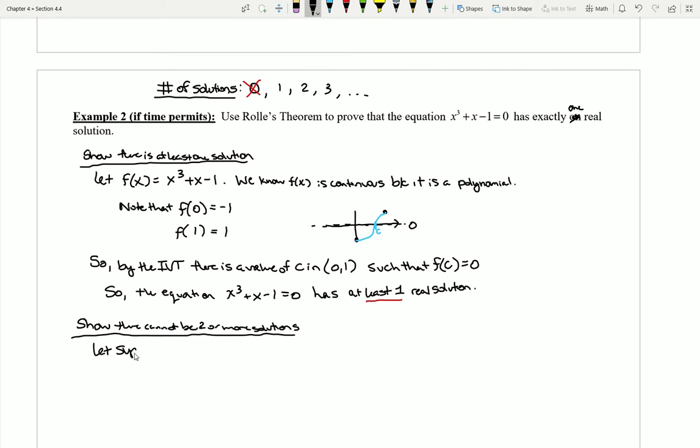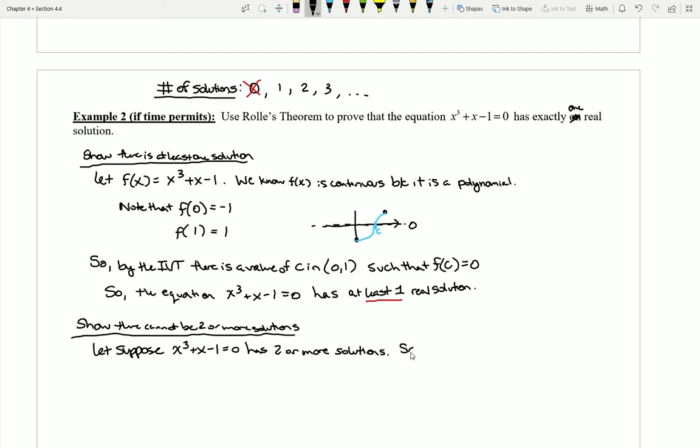Let's experiment here for a moment. Let's suppose that x to the third plus x minus 1 equals 0 has 2 or more solutions. Let's just pretend and see what happens.